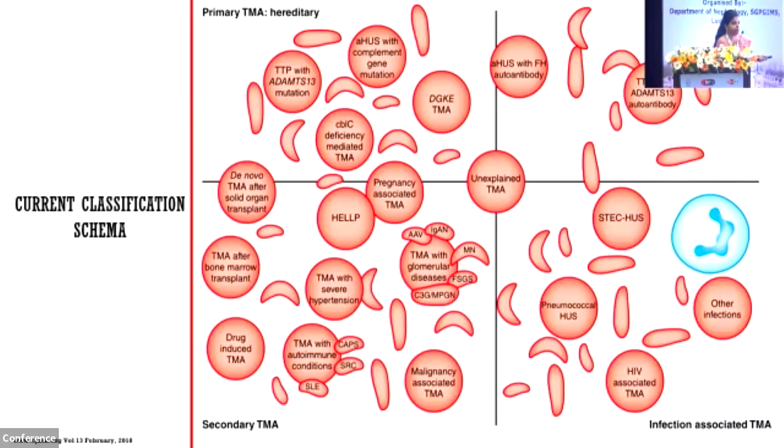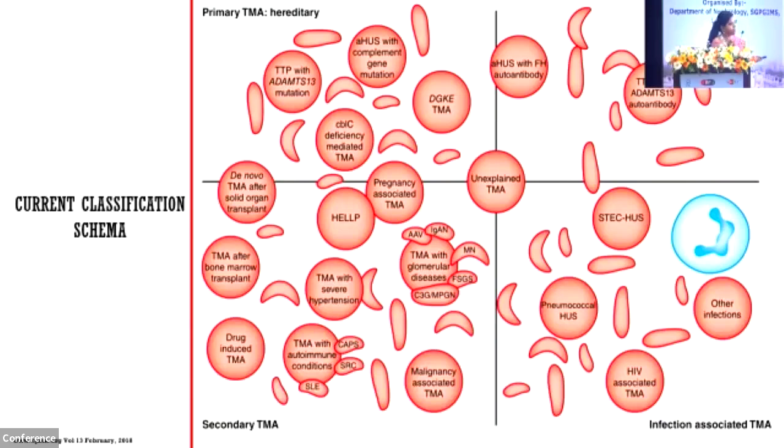And there are other infections that can trigger a thrombotic microangiopathy. Now, the reasons are multifactorial. Again, here, you should understand that there are many infections that can trigger in people who have an underlying genetic predisposition. Okay, so they might well have a genetic variant here, and they may have a second hit as an infection, which will manifest the TMA.